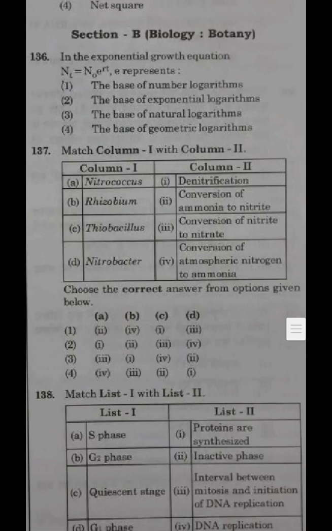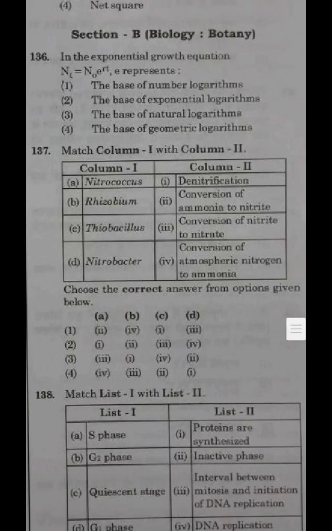So A will go with 2. Then next we see that Rhizobium is there. Yes, Rhizobium is responsible for conversion of atmospheric nitrogen into ammonia. So B is going with 4.